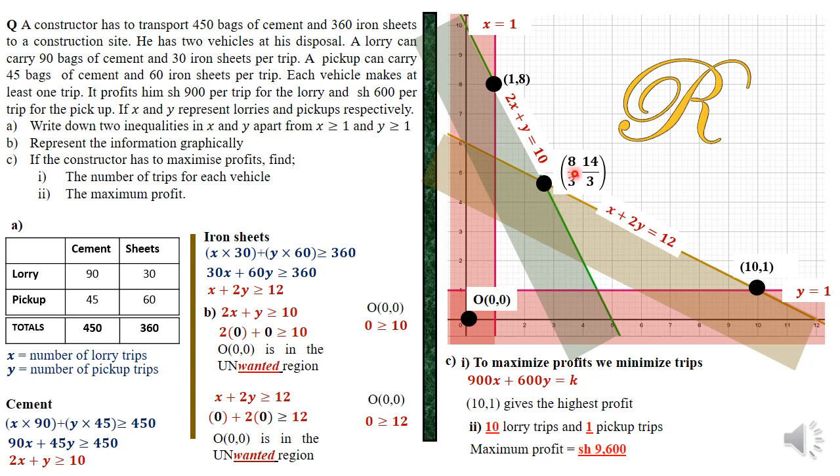If you consider the other values, they are going to be smaller numbers. And therefore, our answer will be given by this particular point: 10 lorry trips and 1 pickup trip to maximize profit, which will also minimize the number of trips by both the pickup and the lorry.